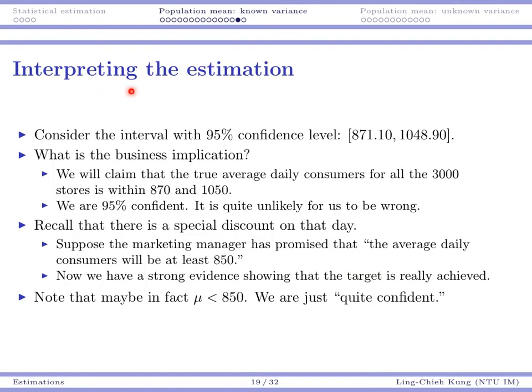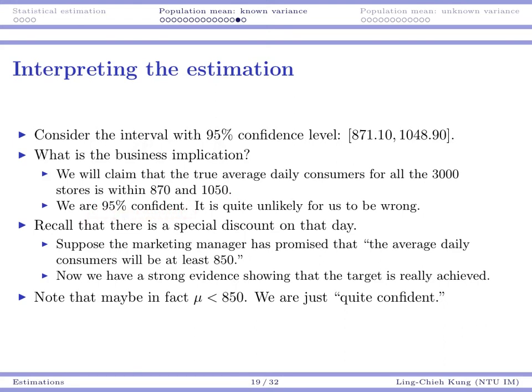Let's try to interpret our outcome. Let's use 95% as an example. The 95% confidence level is here, around 870 to 1050. There is an implication about this. We will claim that the true average daily consumers for all those stores is within 870 to 1050. That's my estimation, and I know we are 95% confident.